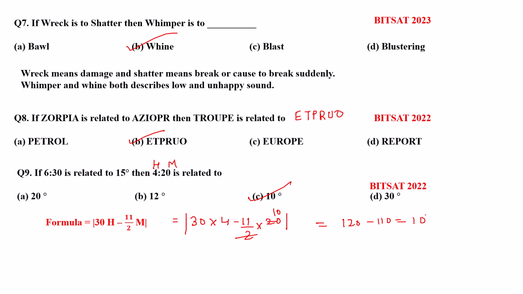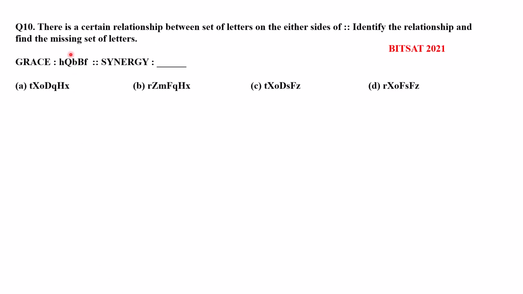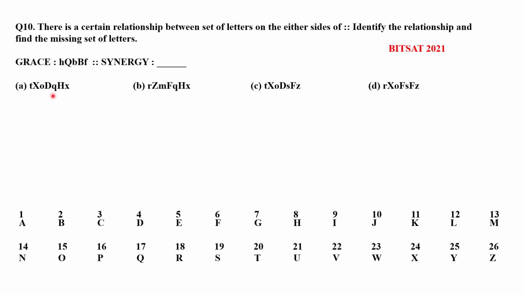Now moving to the next question. Question number 10. There is a certain relationship between sets of letters on either side. Identify the relationship and find the missing set of letters. So this is the relationship given. Let's first write the alphabet chart. From there you can see Grace is coded as small h, capital Q, small b, capital B and small f.